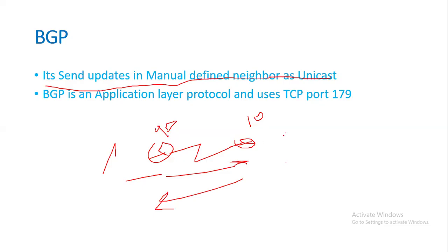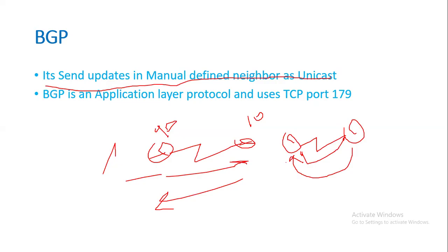But when it comes to BGP, you need to mention the neighbor on this port and the neighbor on that port. That means manual configuration is there, and you have to define the next neighbor for BGP.